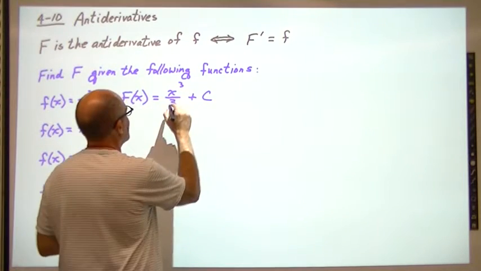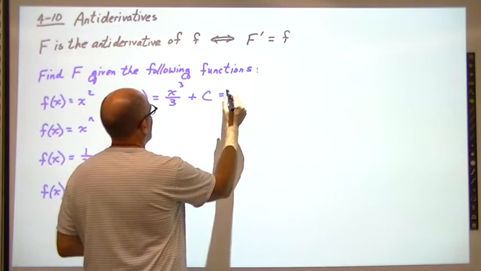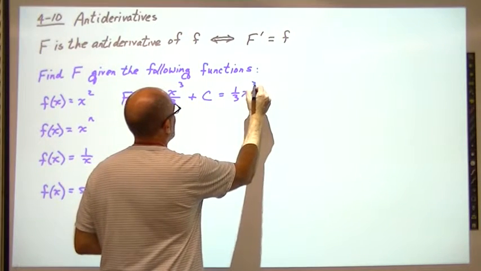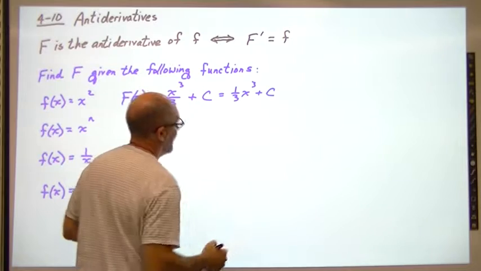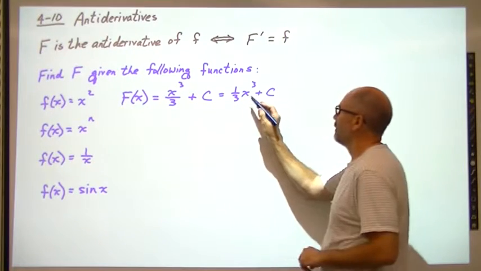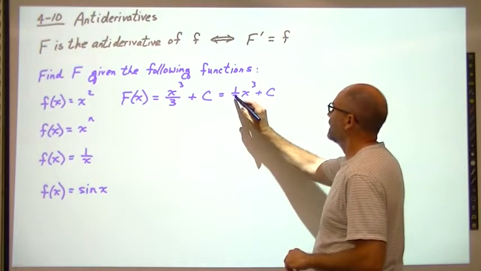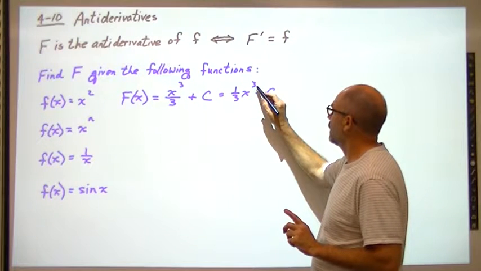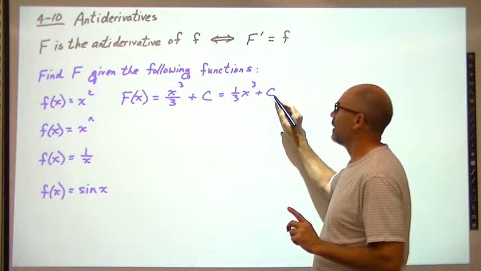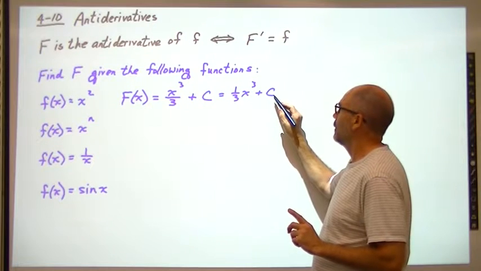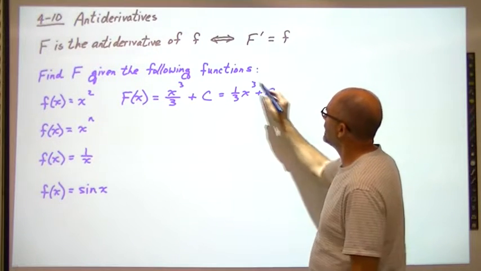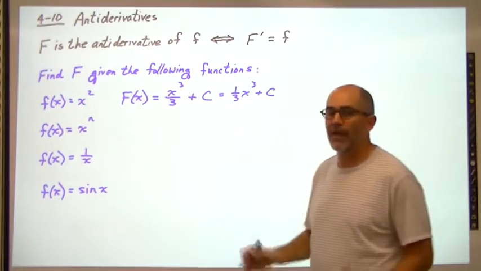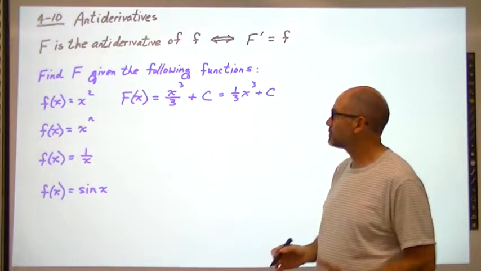Well, let's make this 1/3 x cubed plus c. Now I take the derivative of this. I go 3 times 1/3, which is 1 x squared. Now the derivative of the constant is 0. So basically if I take the derivative of my antiderivative, I'm back to my original function, x squared.